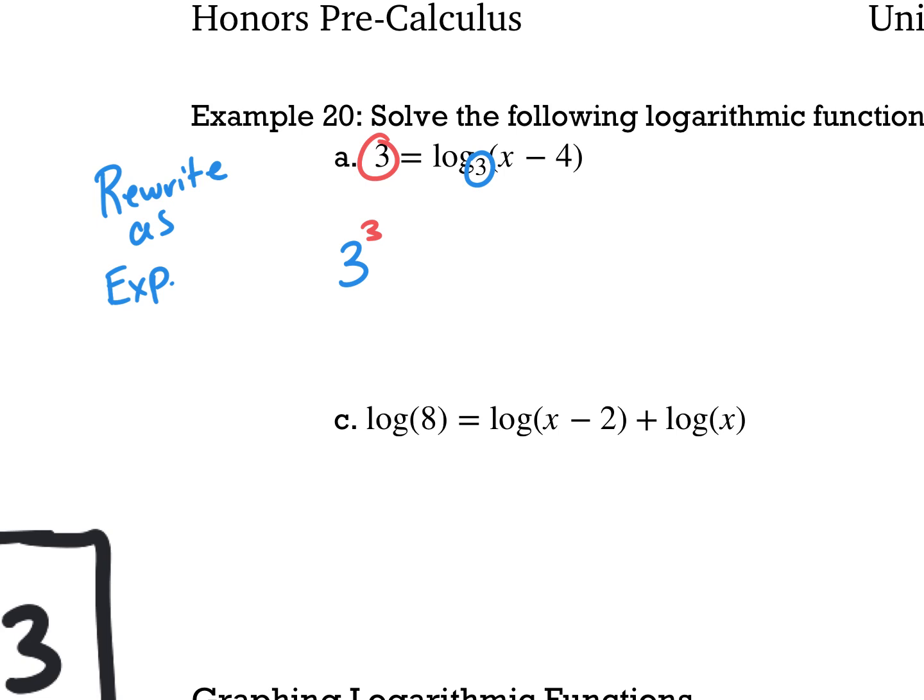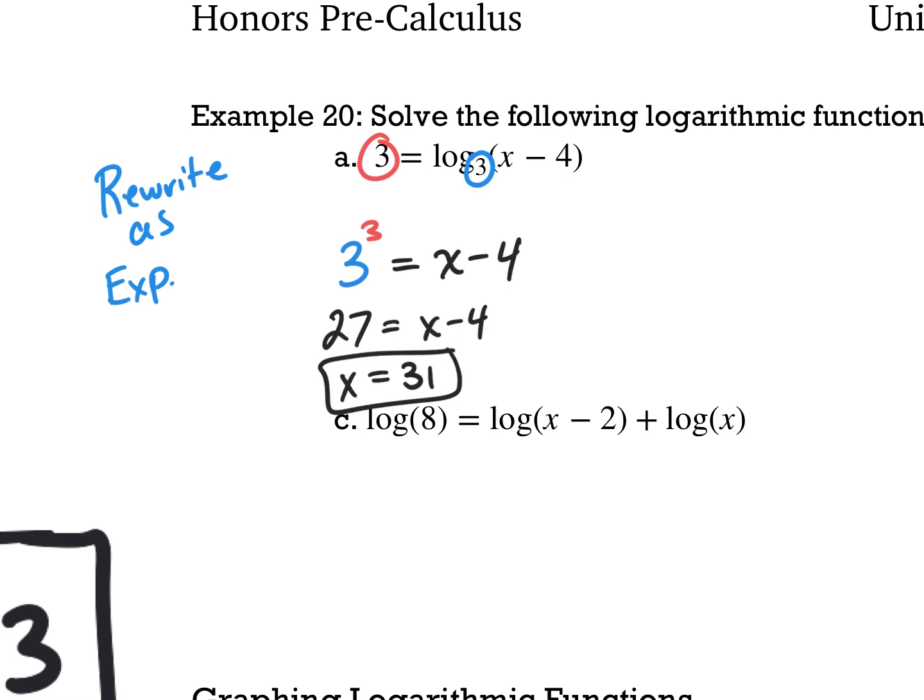But if we cut through that step, what we're left with is 3 to the third equals x minus 4, and that's something we could solve very easily. We know 3 to the third is 27, so x will equal 31. So we rewrite as an exponential, or use a base to eliminate the logarithm.